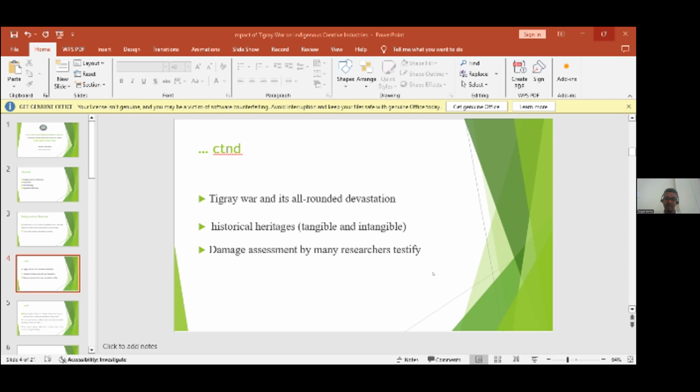When the tangible heritage is destroyed, the intangible heritage, like the traditions, beliefs, religious aspects, and values embedded within our physical heritage, is also destroyed with it. This is also testified by many researchers.